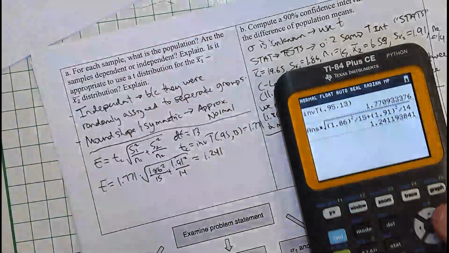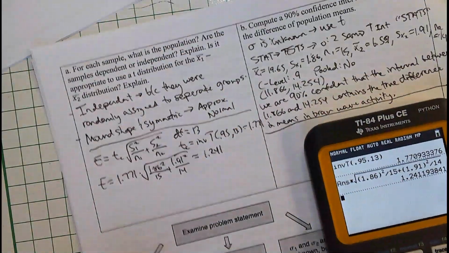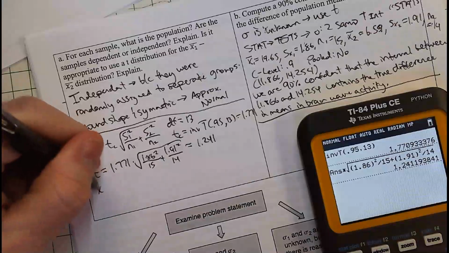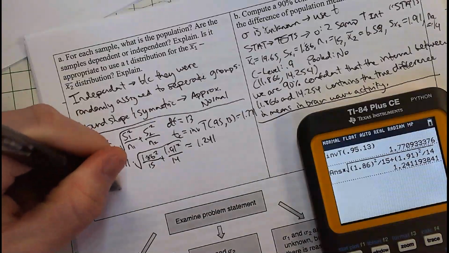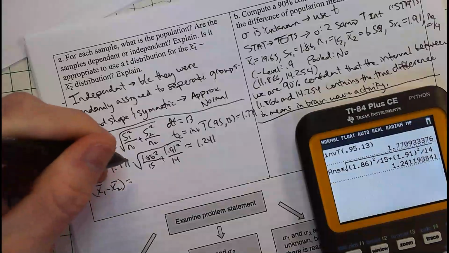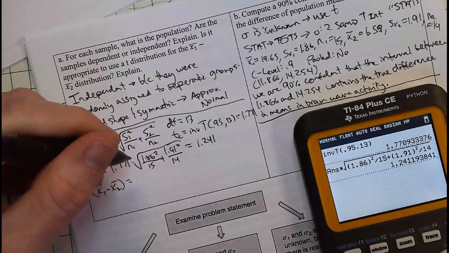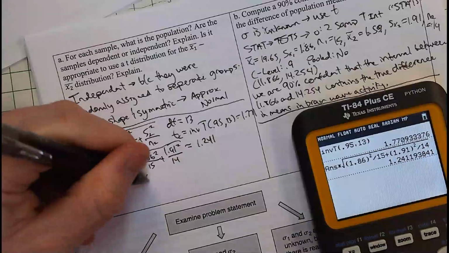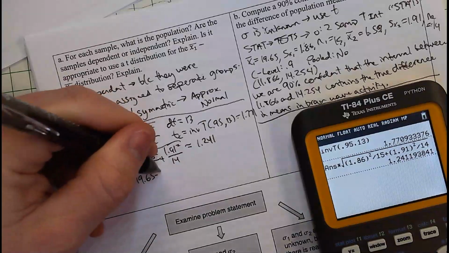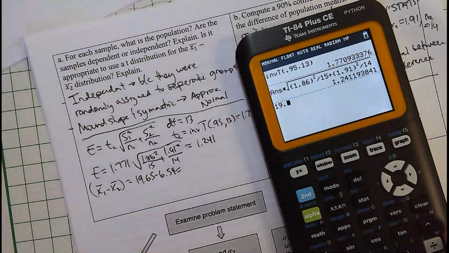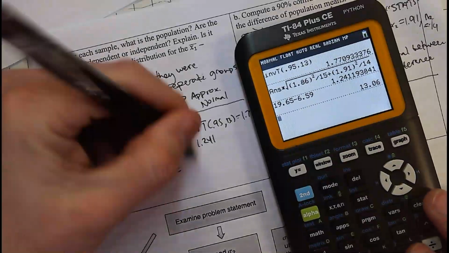Then I'll do the differences in the means. X1 minus X2, which is 19.65 minus 6.59. As I said, you do not need to know any of this here. 13.06.